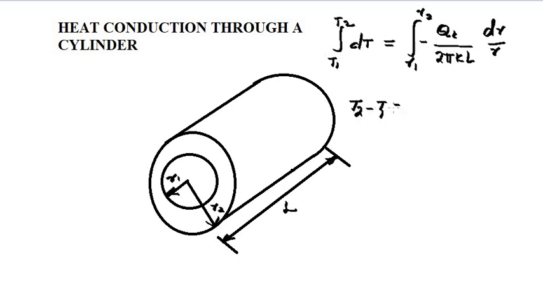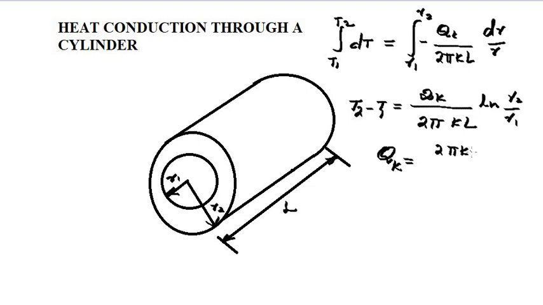Once we integrate this equation, we get T2 minus T1 is equal to Qk divided by 2 pi kL into ln of R2 divided by R1. Hence the rate of heat conduction Qk is equal to 2 pi kL into (T1 minus T2), because I have moved the negative symbol over here and the terms interchange, divided by ln of R2 divided by R1.